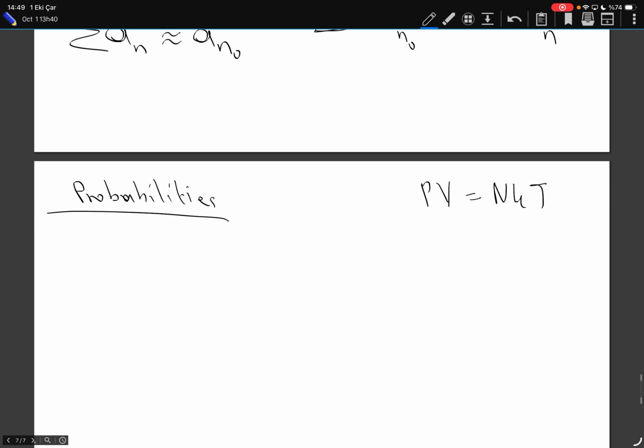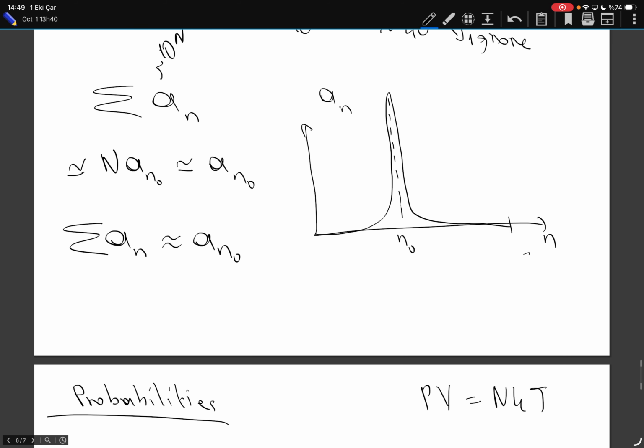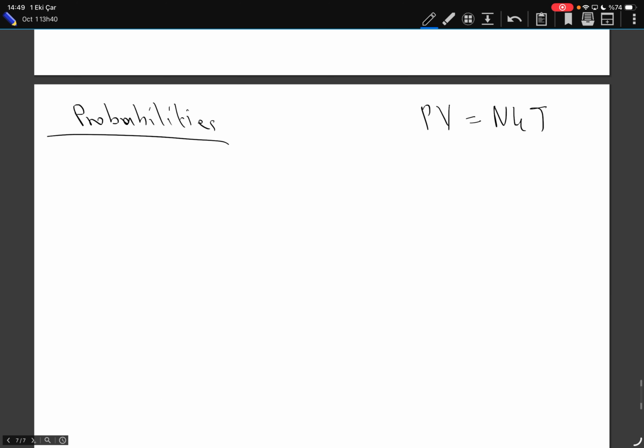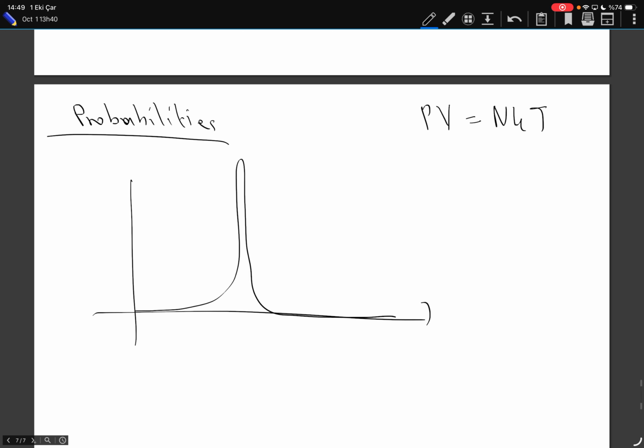So what will happen is our probability distributions will also have such a behavior. For example, if this is my probability distribution for some number n, in principle, n can take any value from 0 to whatever the largest possible value is.